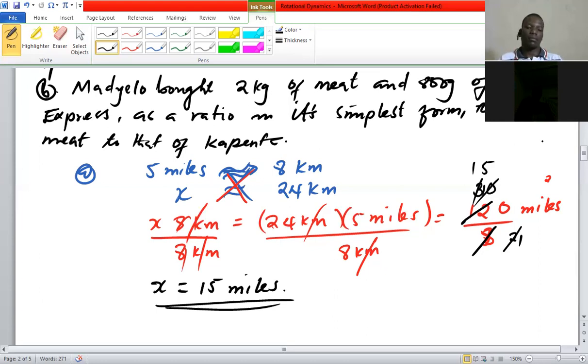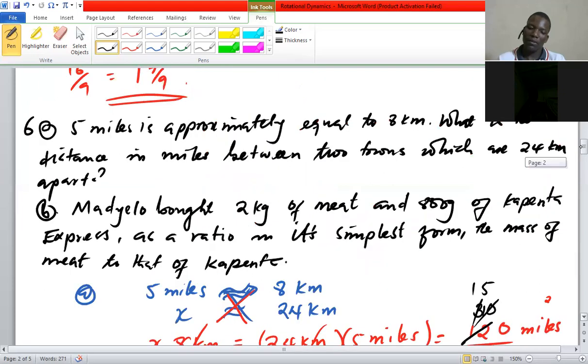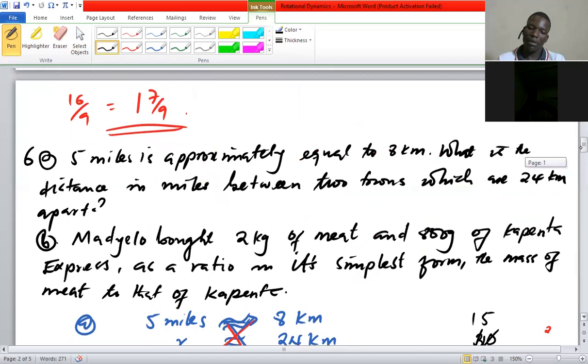Okay. So B says Majero bought 2 kg of meat and 800 grams of carpenter. Expressed as a ratio in its simplest form, the mass of meat to that of carpenter.